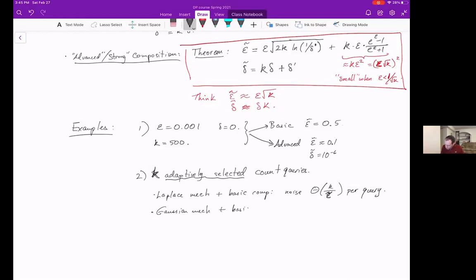and again use basic composition, then we'd have noise something like, again, k over epsilon tilde times square root of log of k over delta tilde.